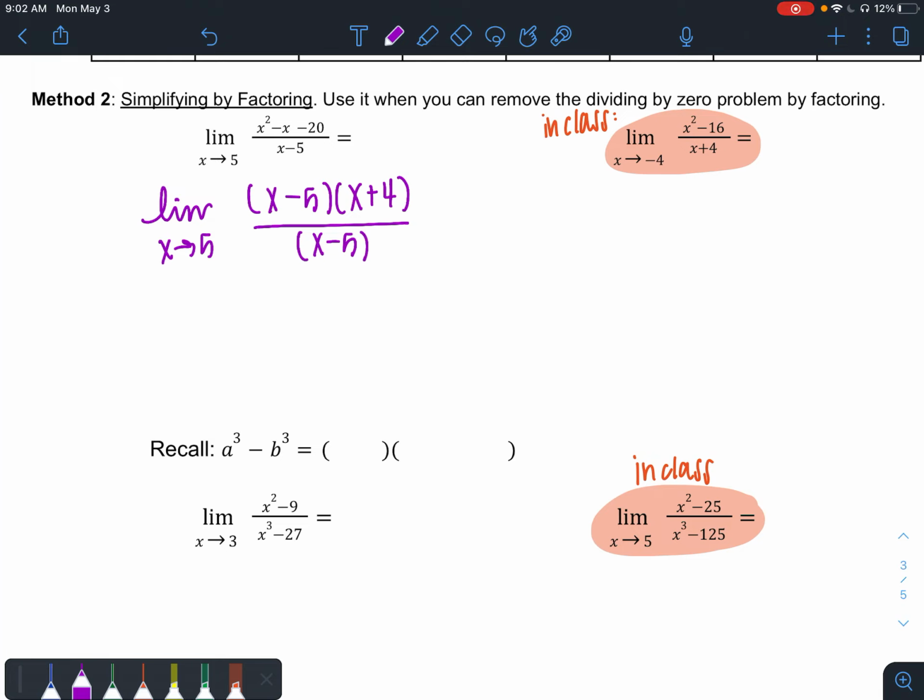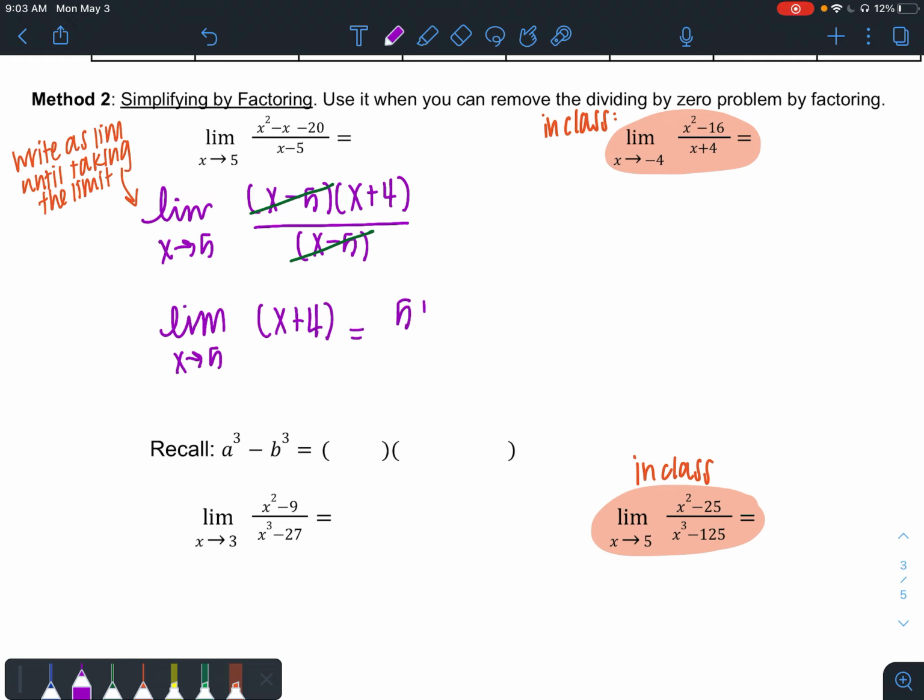So write it as limit until you take the limit. Then I'm able to cancel these out, and I'm looking at the limit as x approaches 5 of x plus 4, which is the same thing as 5 plus 4, which is 9.